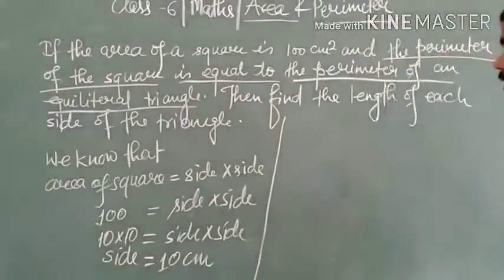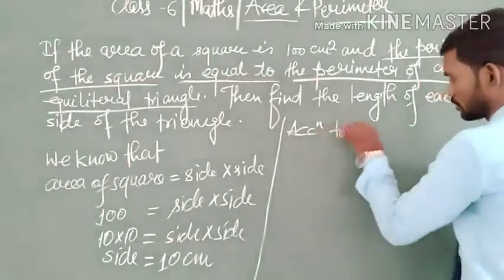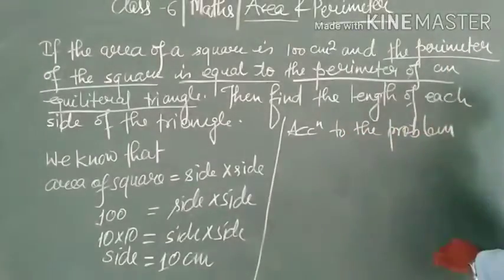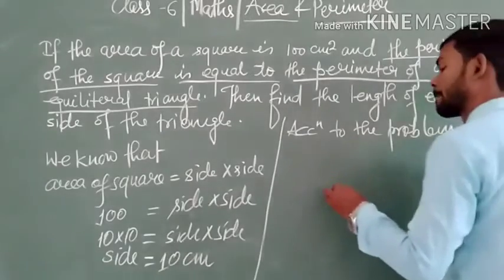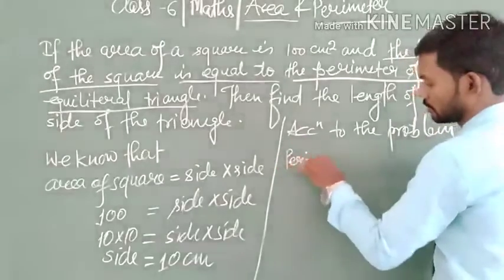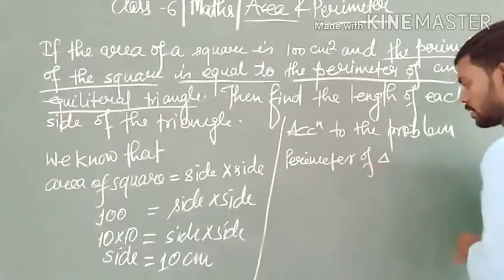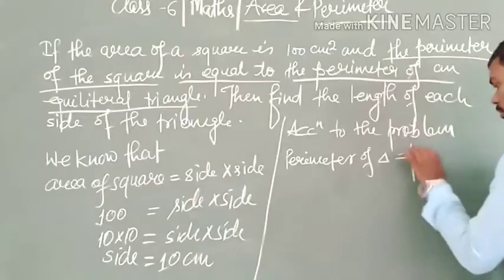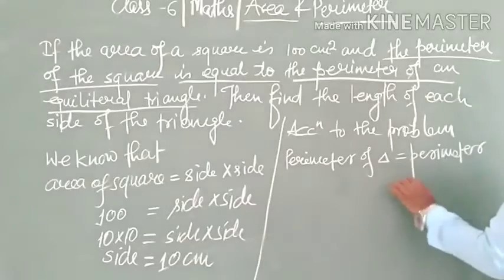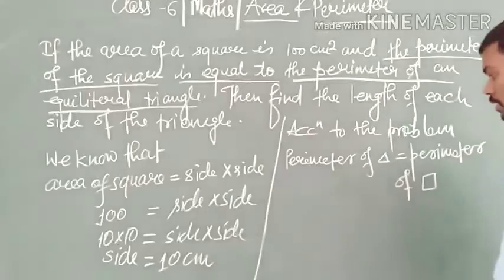And now, according to the problem, the perimeter of the triangle is equal to the perimeter of the square.